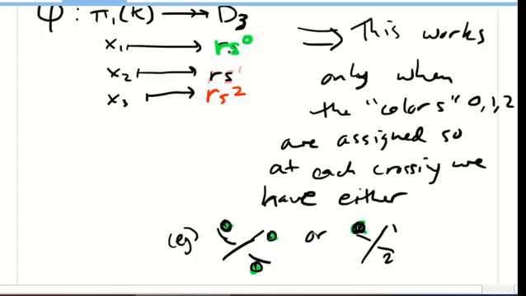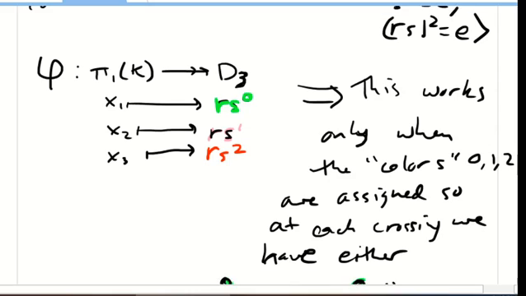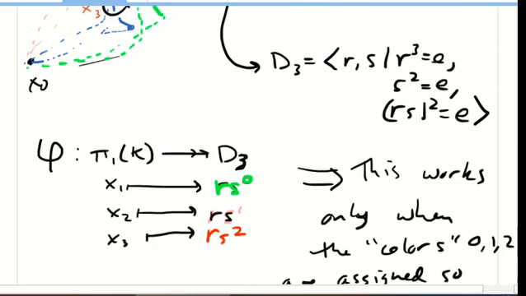Well, it turns out that if you have all of these guys, right, RS0 is a generator, right? That's R, so R is in there, and RS is in there. Wait a minute. Oh, sorry, this is wrong. It's supposed to be R to the 0S. Oh, shoot. Did these wrong.